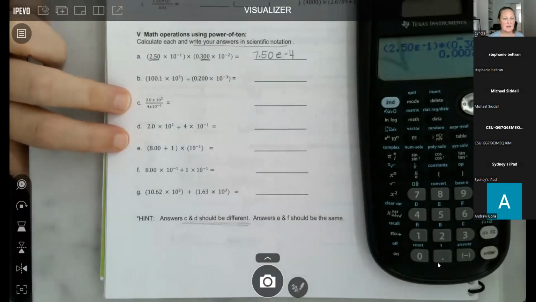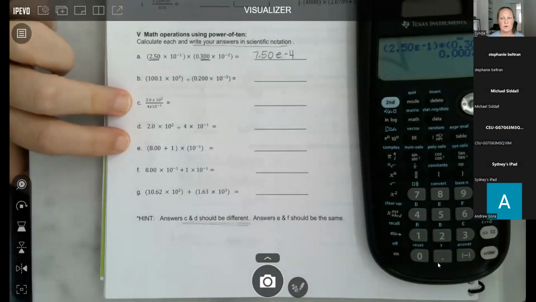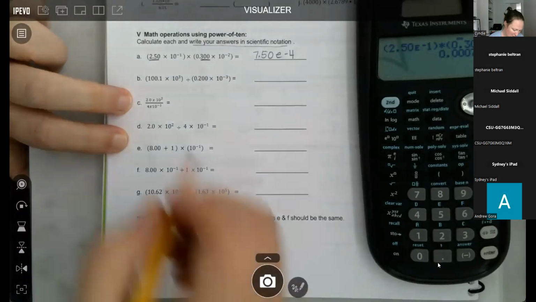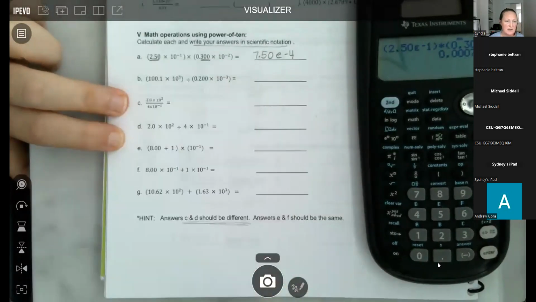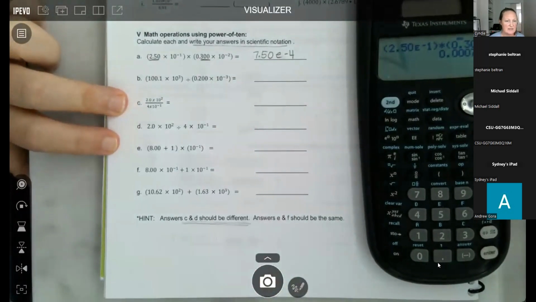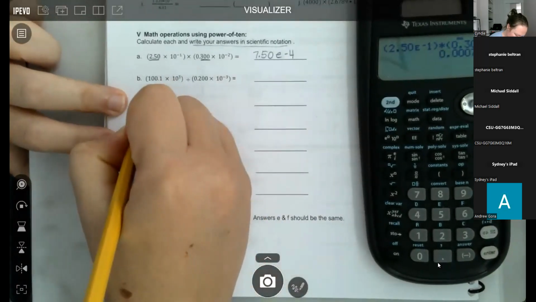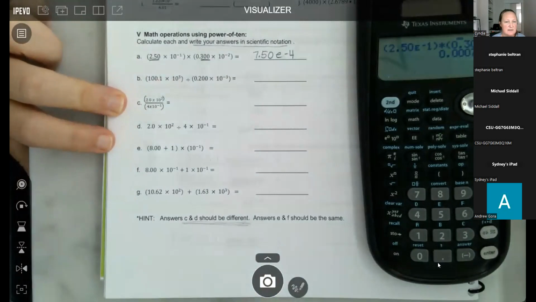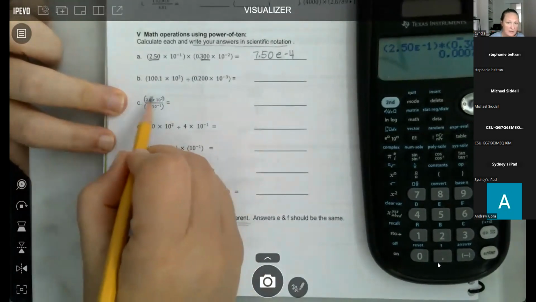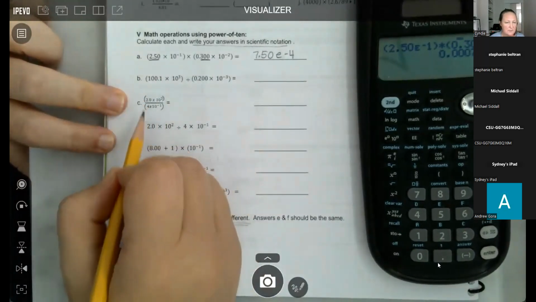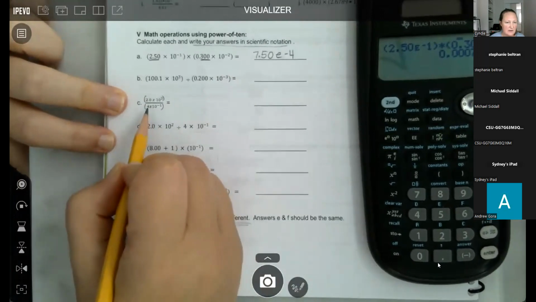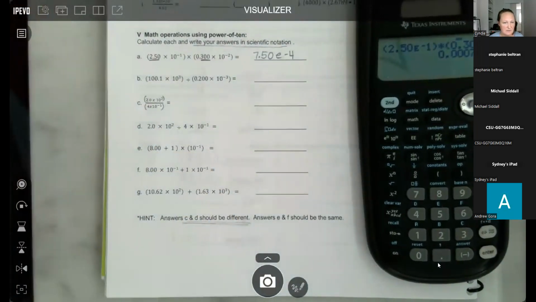Because it's based on order of operations, order of math operations, right? And when you see something over something else, our math operations tells us to essentially put parentheses around this, because we have to do everything in the numerator first, everything in the denominator, and then do the division.